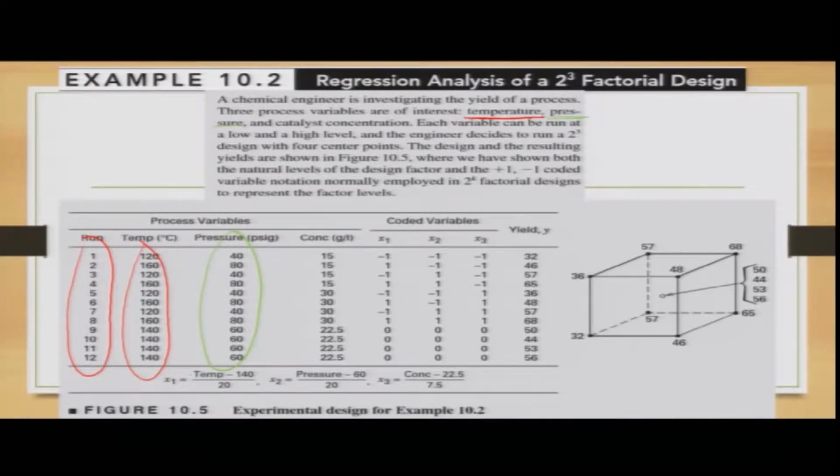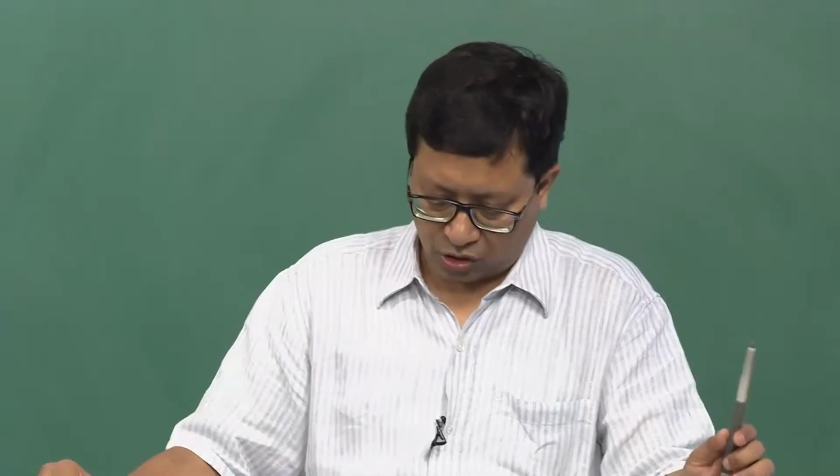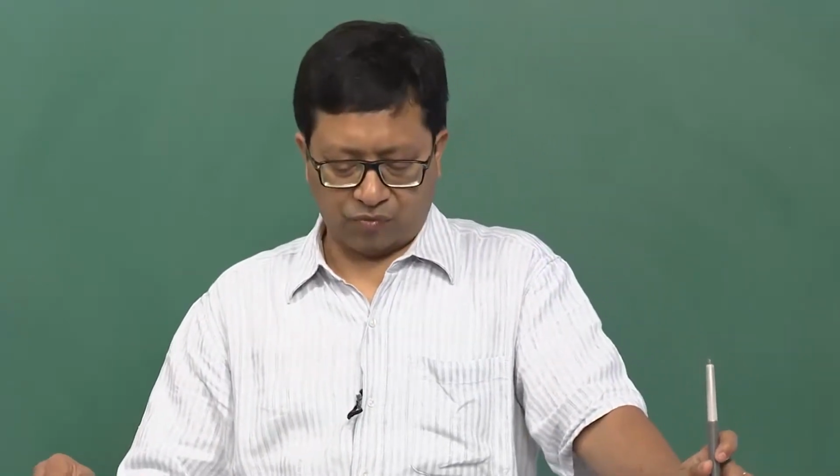If I go to the catalyst concentration, it is given. So, now these variables are coded. So, the codings are done as plus minus of 0 1 0 1 0 2 0 2 and 0 1 and 1 0.